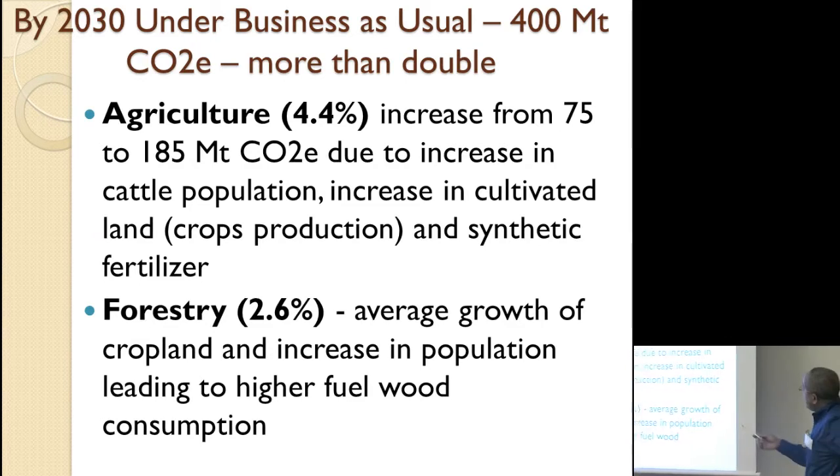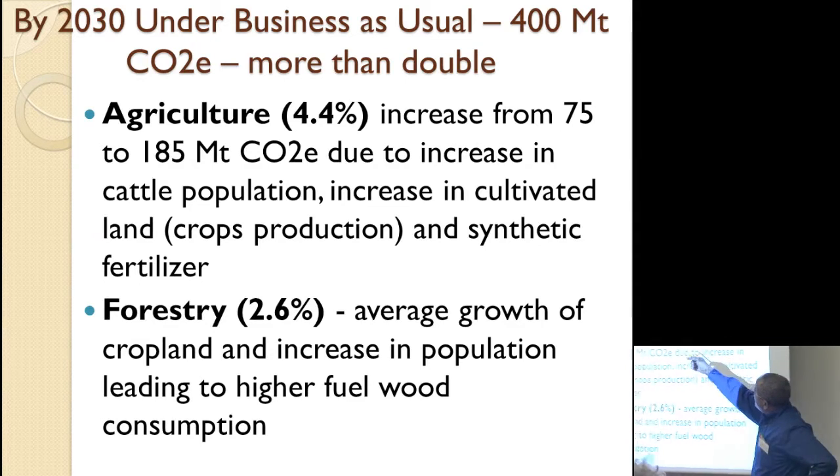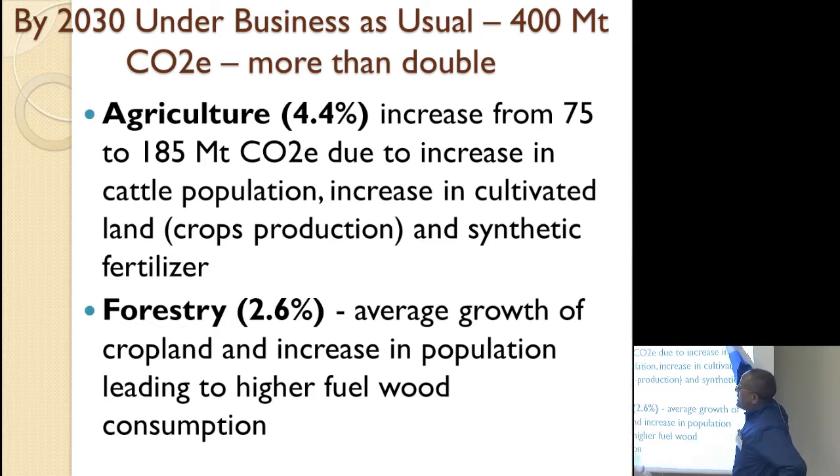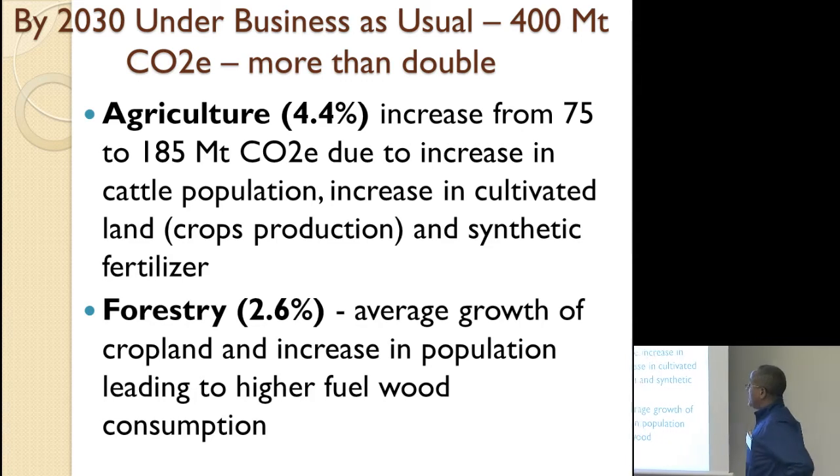But in 2030, it is said to be 400 million tons, with an increment of 4.4% in agriculture every year and in forestry 2.6%. Then agriculture and forestry will again be dominant, even in the 2030s.